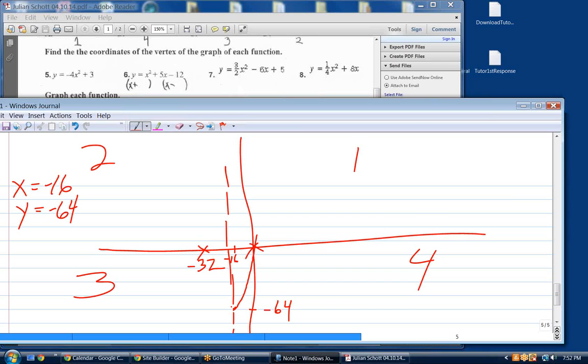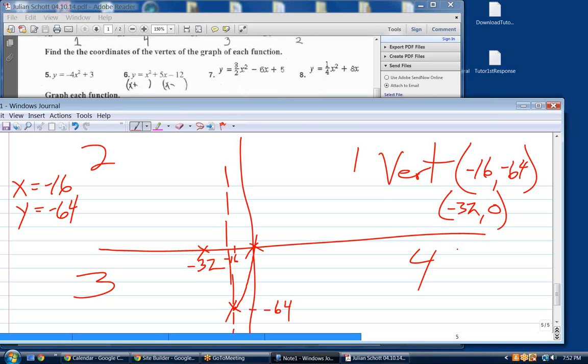So I've got my 3 points. The vertex is minus 16 comma minus 64. Another point is minus 32 comma 0, and a third point is 0 comma 0.